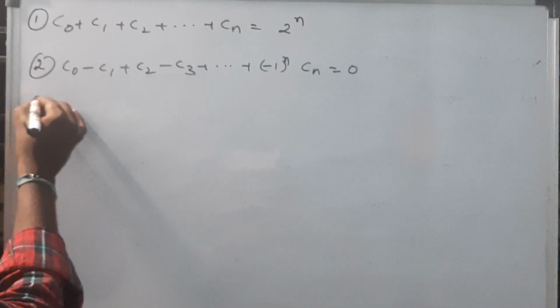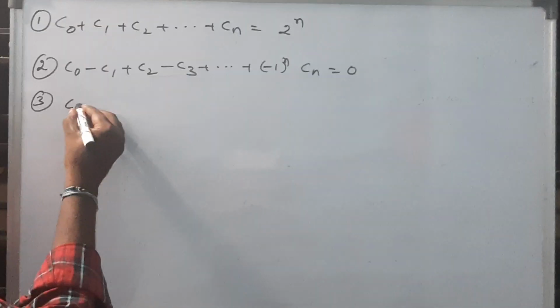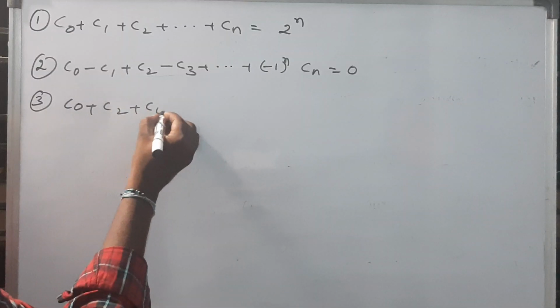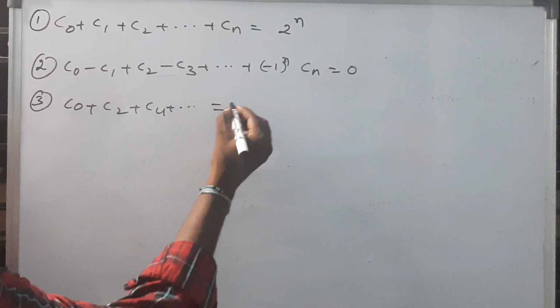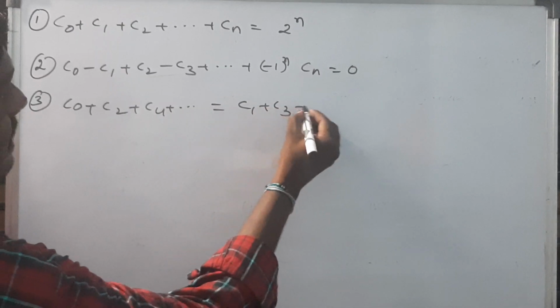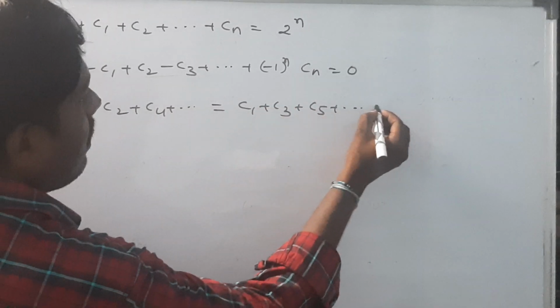And the third one is C0 plus C2 plus C4 plus and so on is equal to C1 plus C3 plus C5 plus and so on is equal to 2^(n-1).